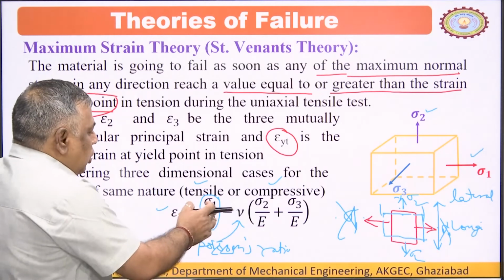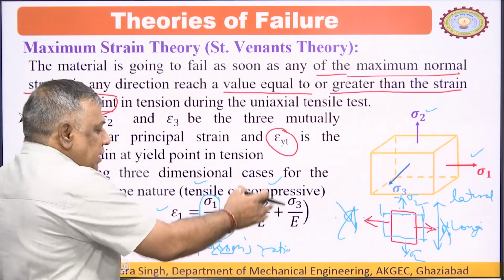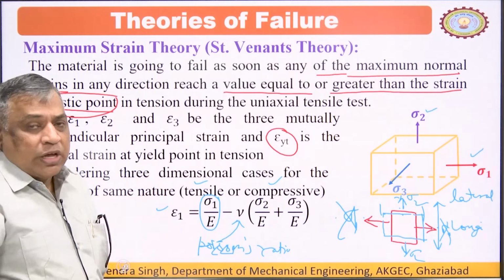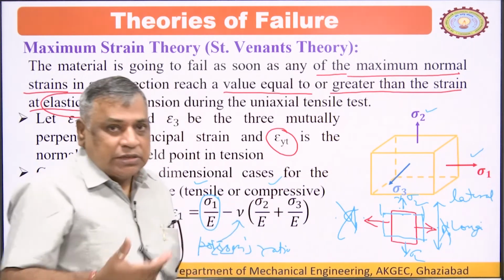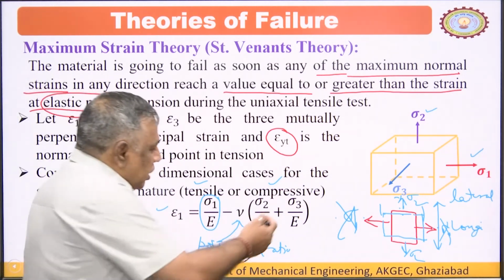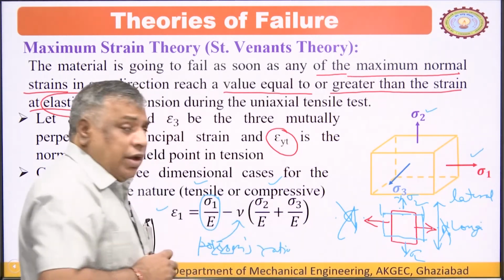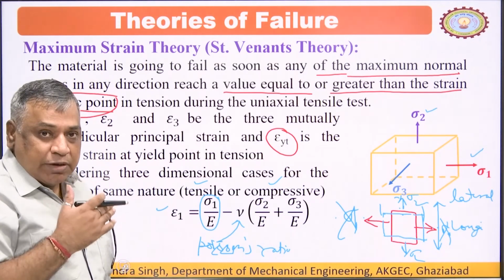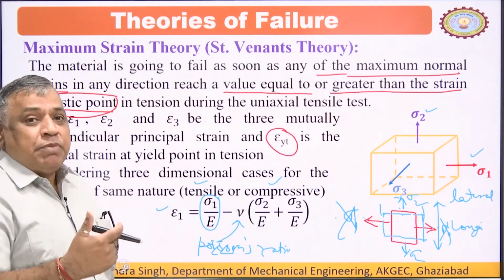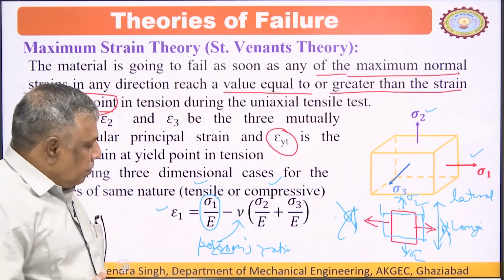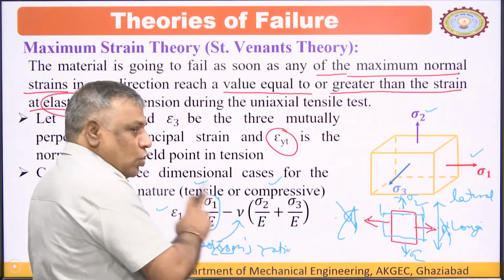So, sigma 1 upon E minus nu sigma 2 upon E, plus similarly you can consider the effect of sigma 3, which is also tensile in nature. So the strain caused in the direction of sigma 3 is sigma 3 upon E, and in the perpendicular direction it will contribute with a negative sign nu.